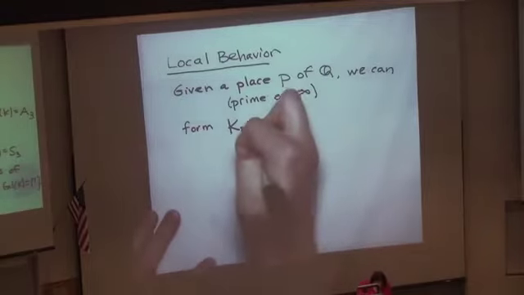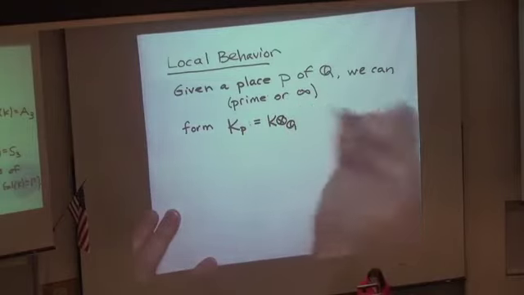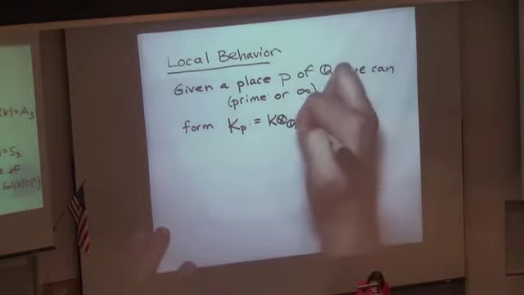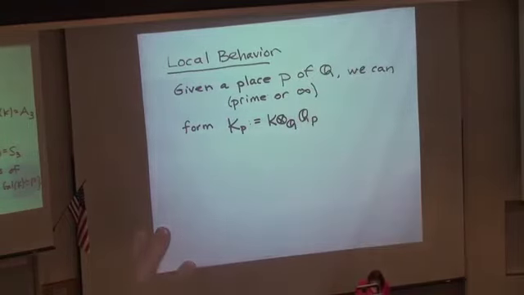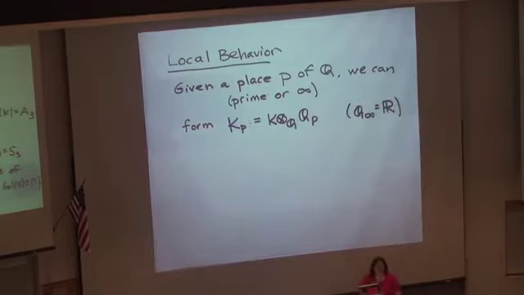And I define that by changing the scalars from Q up to Q_P. So by Q_infinity, R, completion at the infinite place. So this is just slightly more than the local data we're used to thinking of.